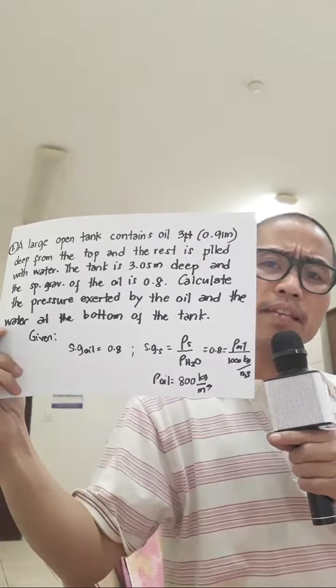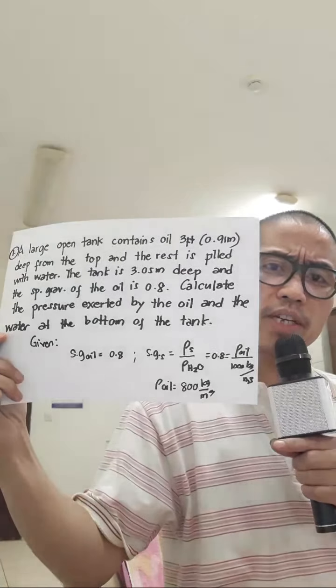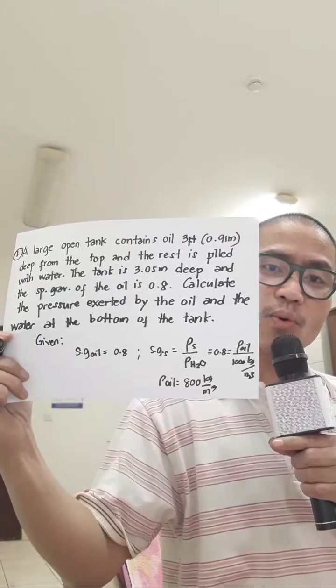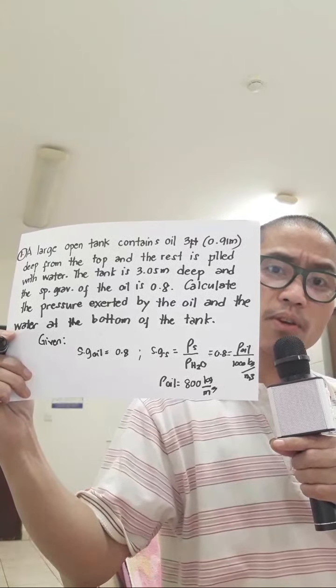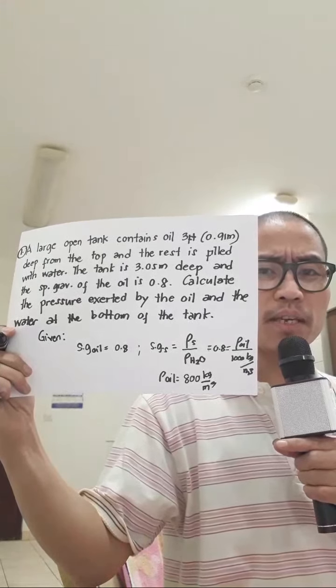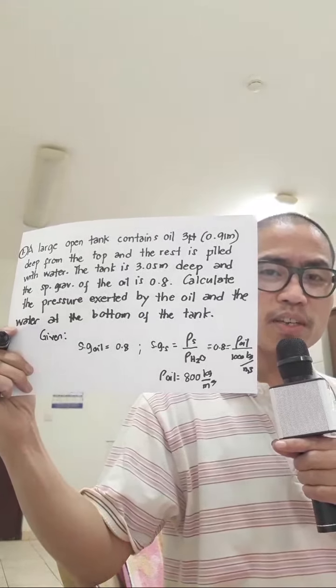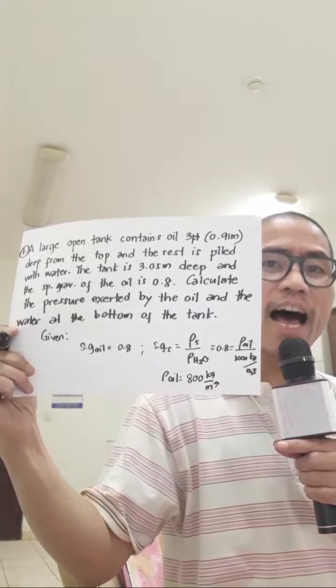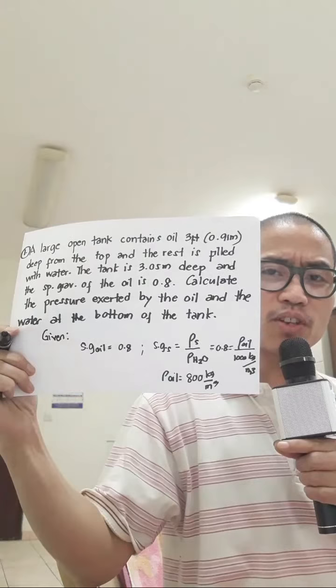Meaning to say that the water is heavier than the oil, because water is 1,000 kilogram per cubic meter. So the oil will usually be on top, because water is denser than the oil. It has bigger density compared to the oil. So that's our first analysis.